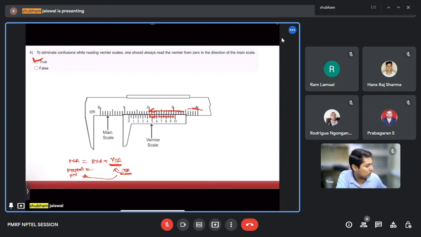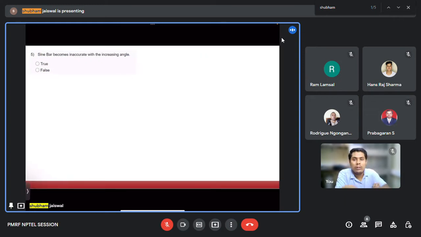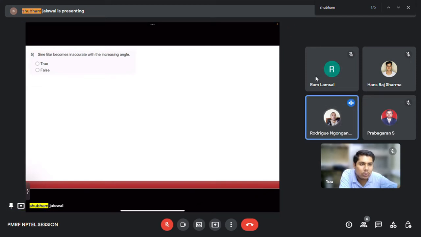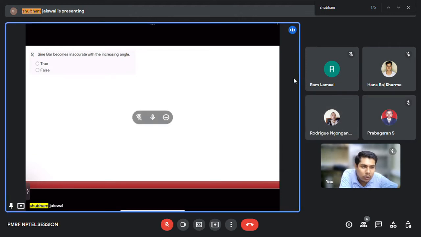Okay. So next question is, sine bar becomes inaccurate with the increasing angle. Can anyone answer this? Anyone? I think it's true, when the angle becomes large. And why is it so?